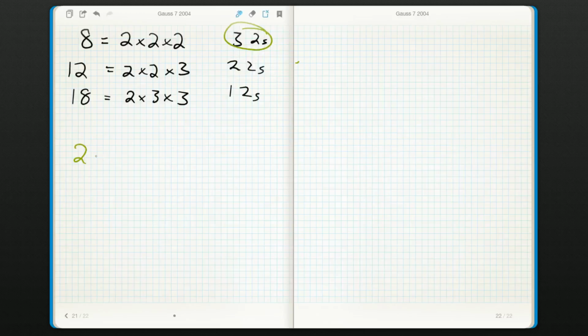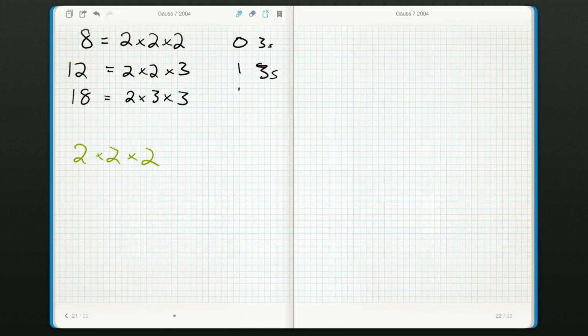So we'll use 3 2's, and that'll be part of our lowest common multiple. And then we ask ourselves, what other primes are there? Well, there's 3's. We've got 0 3's, we've got 1 3, and we have 2 3's. So we always take the biggest number. So we have 2 3's. We'll throw in 2 more 3's.